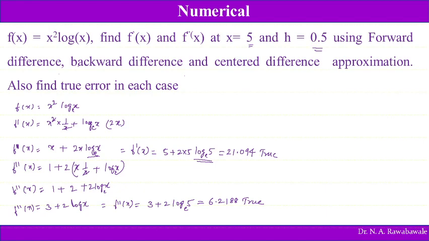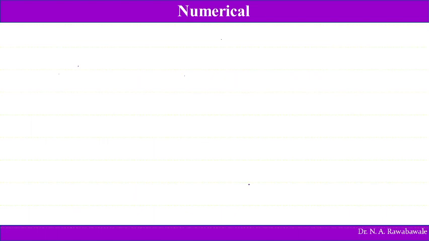So the first derivative is 21.094 and the second derivative is 6.2188. Now the xi value we take as 5, then xi minus 1, xi minus 2, xi plus 1, and xi plus 2.